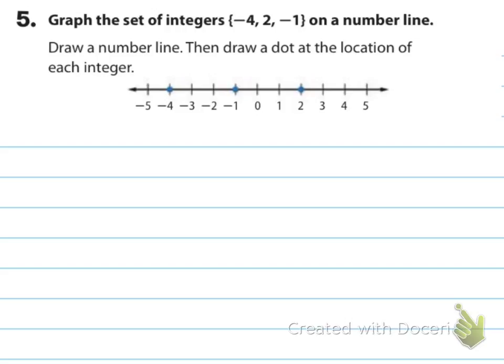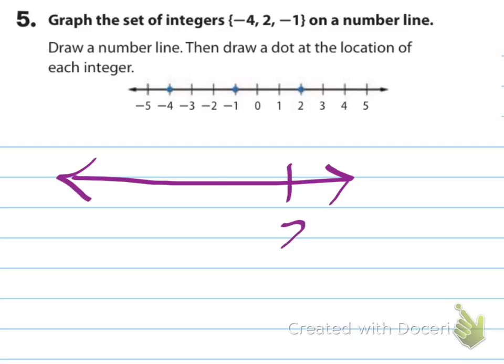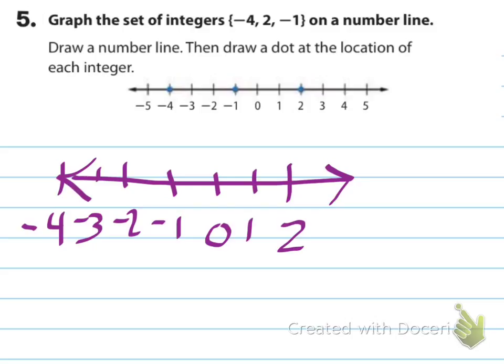So it says to graph the set of integers -4, 2, and -1 on a number line. So right away, I know that my biggest number is my +2. I always like to have my 0. And then going from here, I'm just going to go, okay, I've got my -1, -2, -3, and -4. And then if that's the case, then I need to add in my +1.